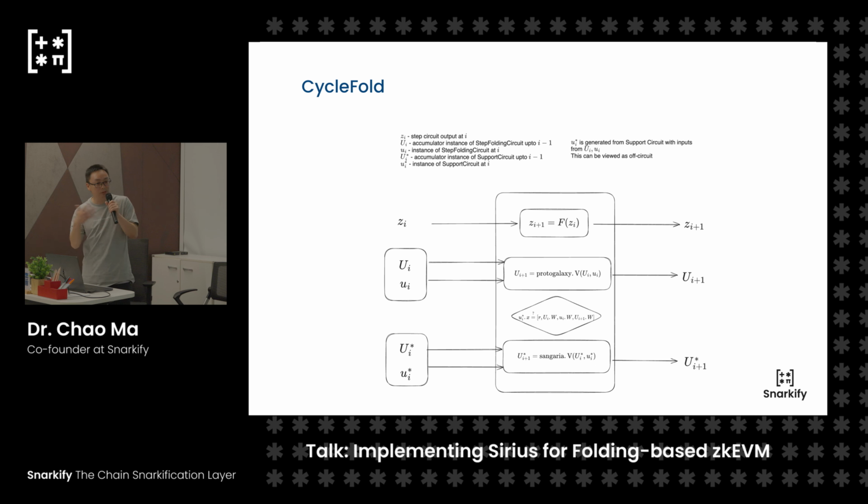Also we remove some redundancy, because when you're folding the primary circuit instance, this circuit is big. If you move everything into here, you actually have smaller redundancy. So in general, this will improve the overall circuit computation, probably 30 to 40% at least. So that is the architecture of cyclefold.